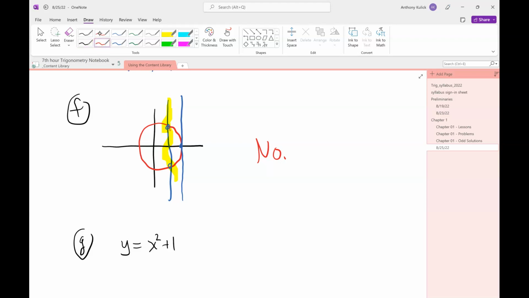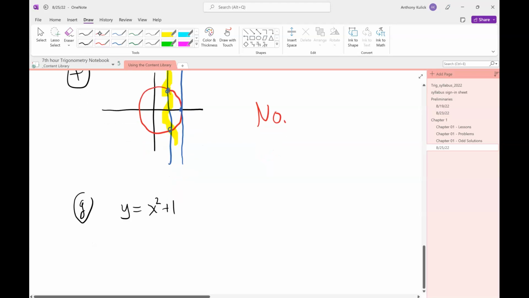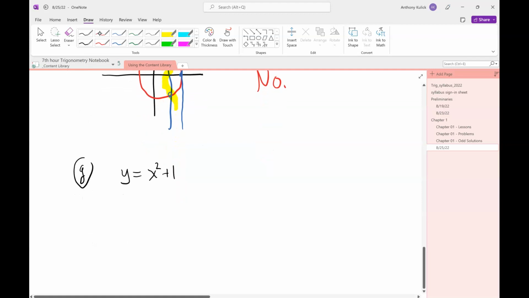Does this represent a function? Can you tell by looking at it? If you can't, what could you do to tell? Could graph it. That's a perfectly reasonable thing to do.